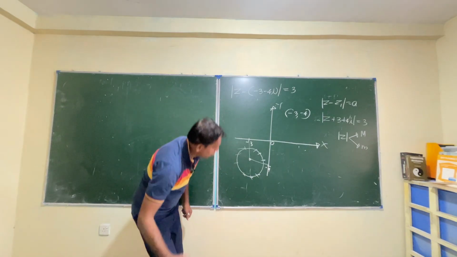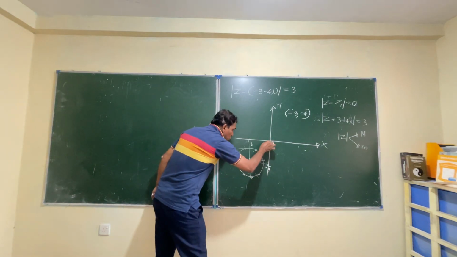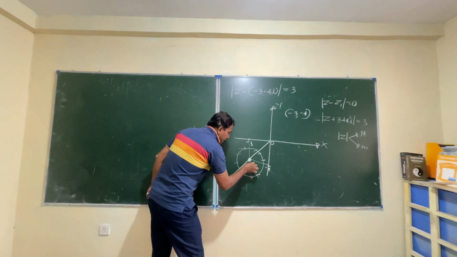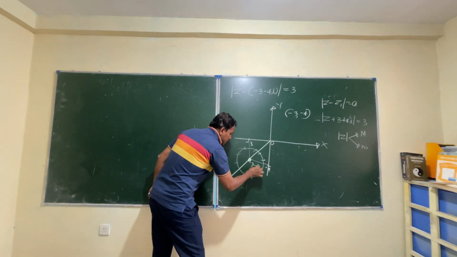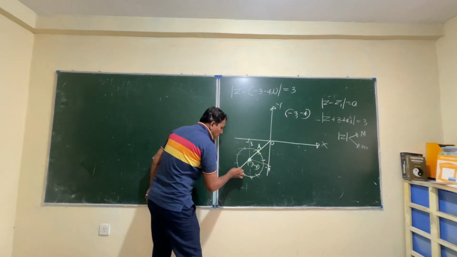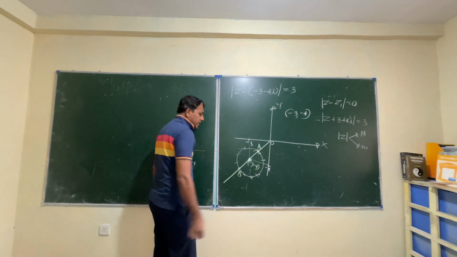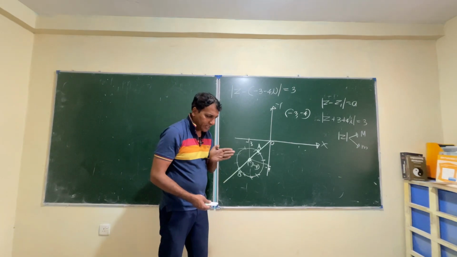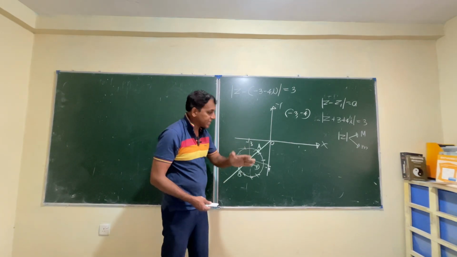Now the question asks for the smallest and the maximum distance of Z from the origin. Therefore, dear students, if I draw a line through the center, this is minus 3 comma minus 4. I mark this point A and here I mark the point B. Distance means the straight displacement.